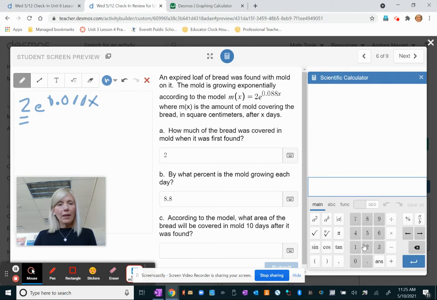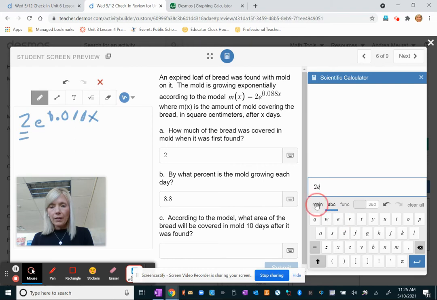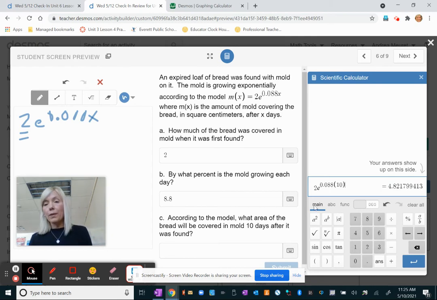Putting a 10 in for x, I have 2 times e to the 0.088 times 10. And it looks like about 4.8 square centimeters.